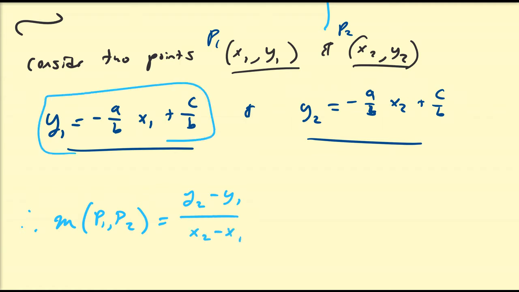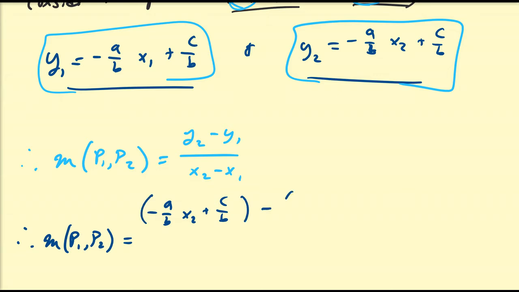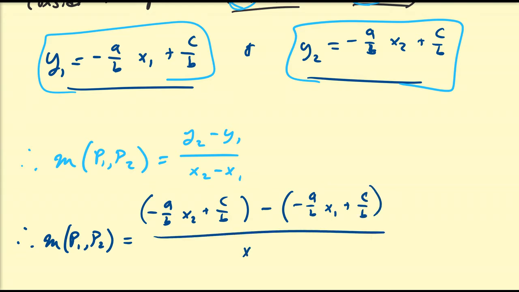So this is y1, this is y2, this is x1, this is x2. Let's plug these equations into this relationship. The slope between points P1 and P2 is equal to y2, so (-a/b)x2 + c/b, minus y1, (-a/b)x1 + c/b, all over x2 - x1.